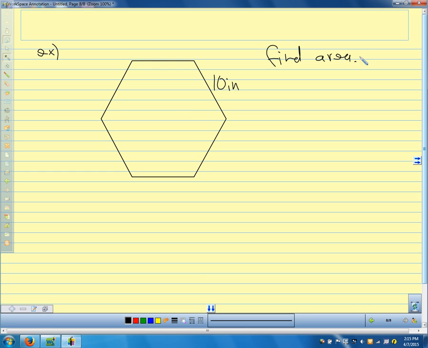Well, we don't have all the information we need yet to find the area. What piece of information do we need to use in our formula? What has to go into our formula to find our area? The apothem. We can find the perimeter. We need the apothem.